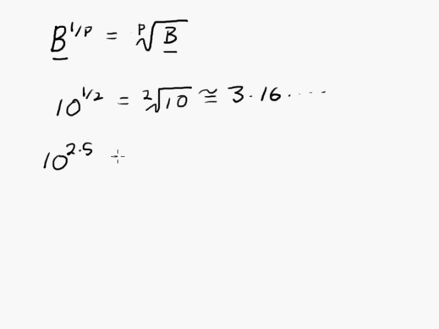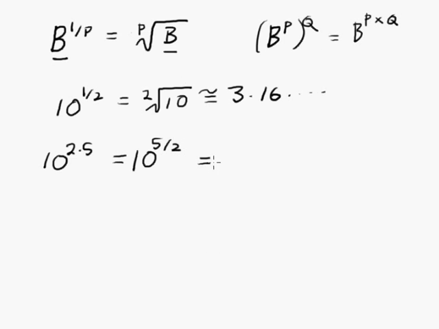What's that? Well, we can rewrite 2.5 as a fraction, 5 over 2, and then, if you remember, there's the rule b to the power of p, raised to the power of q, is b to the power of p times q.